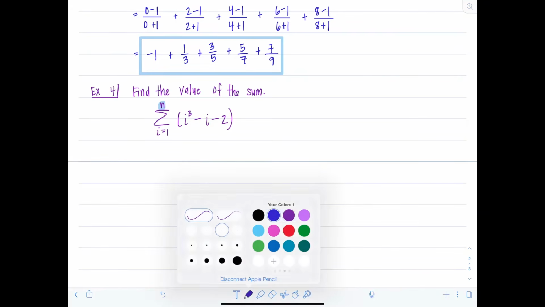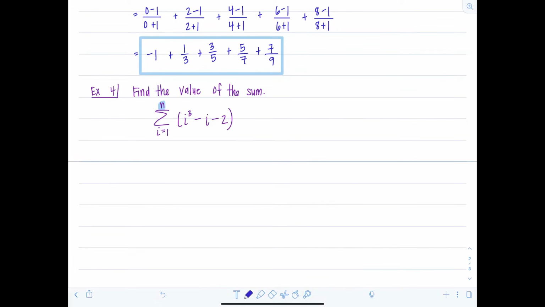First property I want to use is I can distribute this sum right across each of the terms. So I can rewrite this as the sum i equals 1 to n of i cubed minus the sum i equals 1 to n of i minus the sum i equals 1 to n of 2.